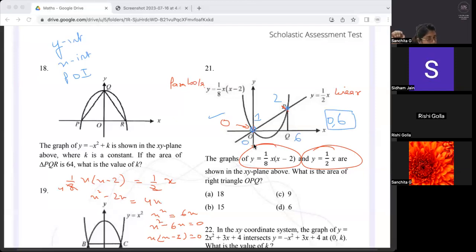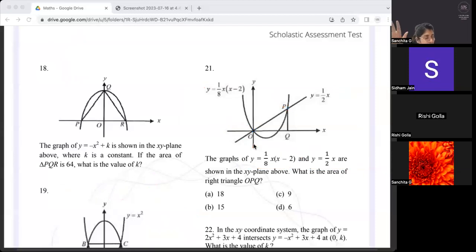I'm just going to remove all the working right now, because it's becoming a little clumsy. This is 0 and this is 6. I've equated 1 by 8 x minus 2 is equal to 1 by 2 x, so I got x as 0 and 6, the points of intersection. What I need to find is the area of right triangle OPQ.